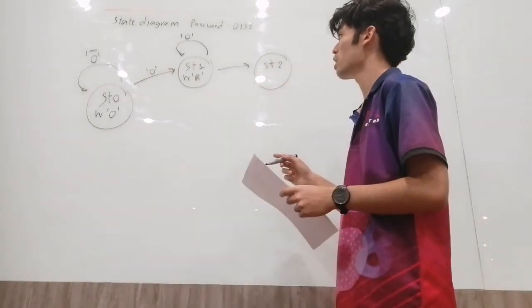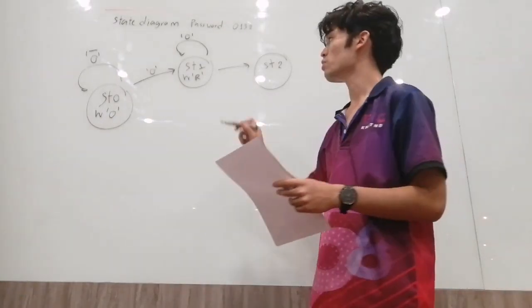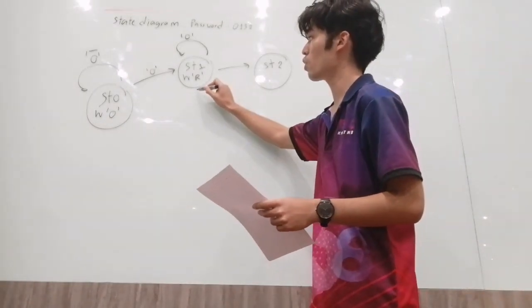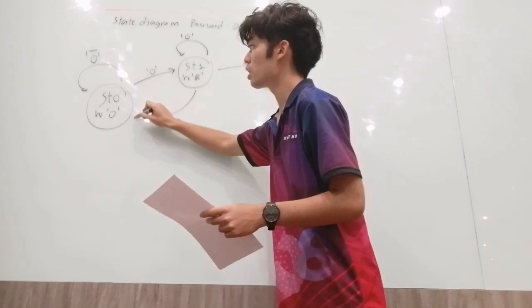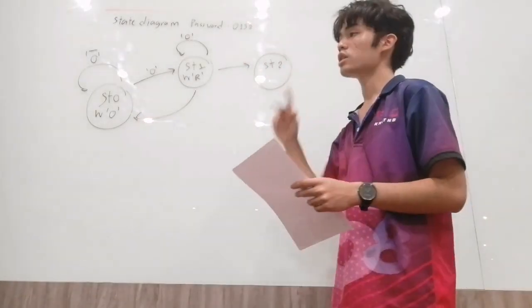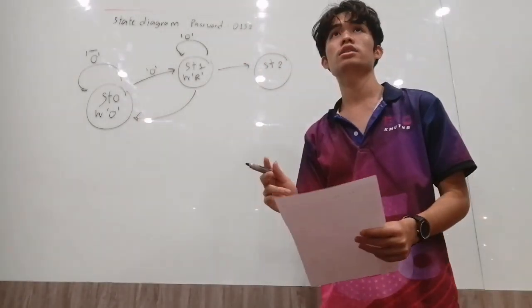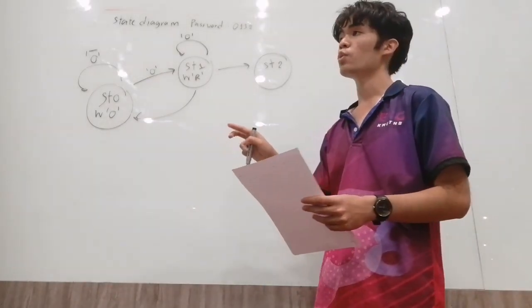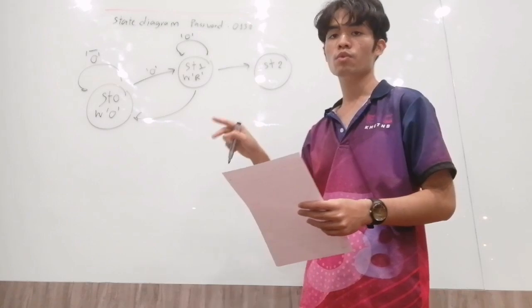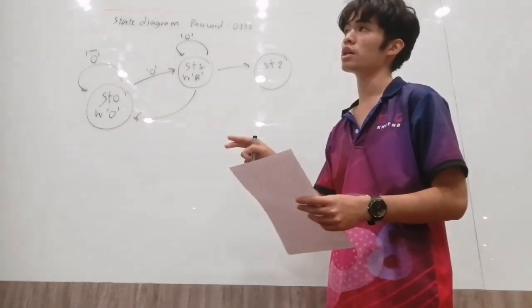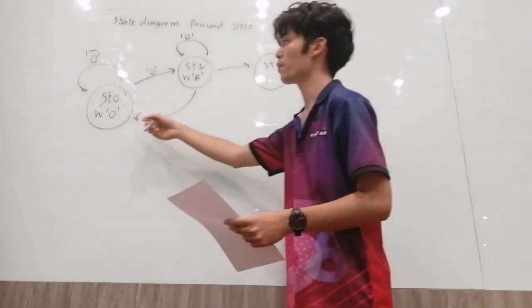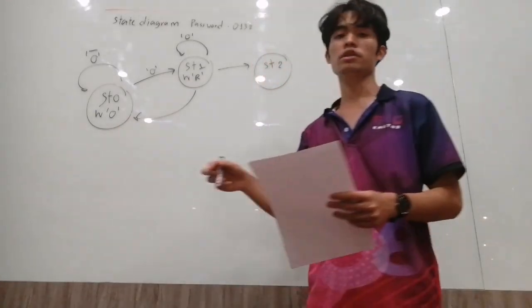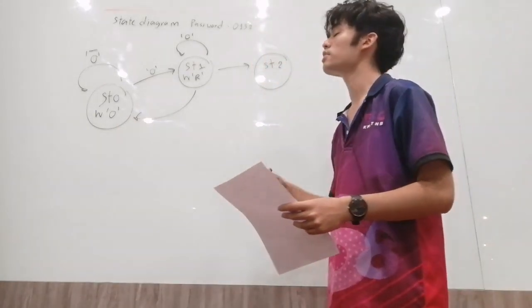If we are wrong in this state, it will go to state 0. Such as, when we push 0 and then push another button, it will go to state 0 because it's incorrect in this circuit.